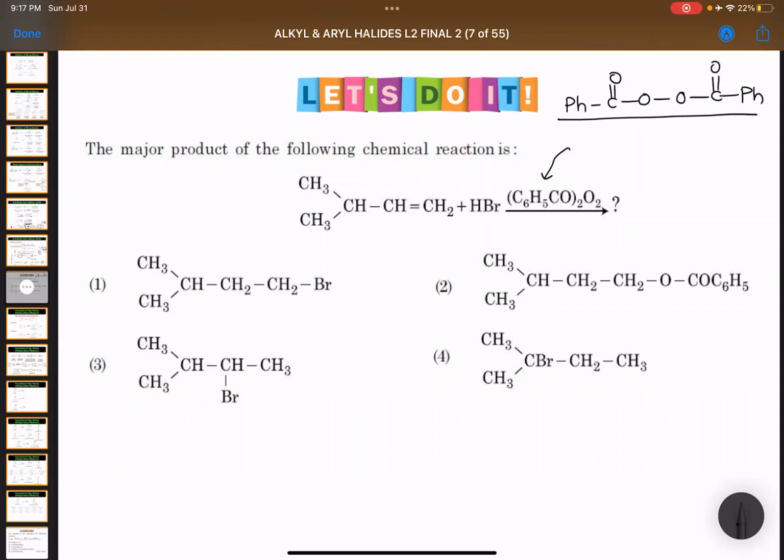Don't worry about that. This is just a peroxide, benzoyl peroxide. This is HBr, so it is going to be the anti-Markovnikov addition of HBr. Yeah, Nabil, what is going to happen? Hanifa, Samaira. The first one. Yeah, first one. Right. Correct. So the first one is going to be the answer.